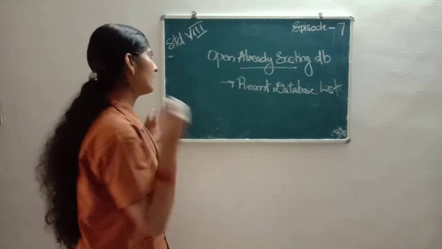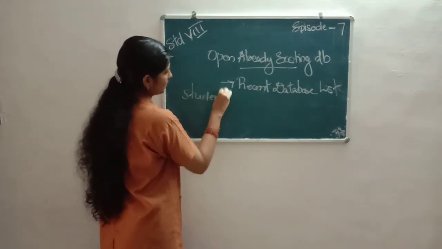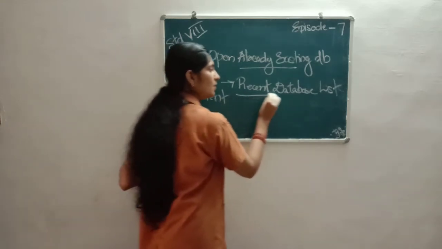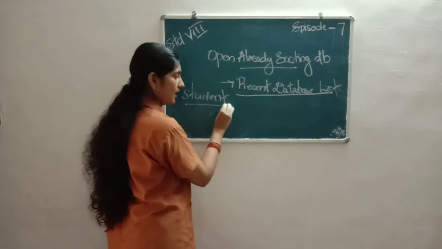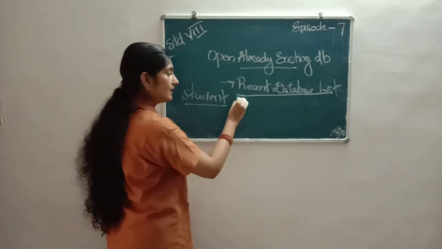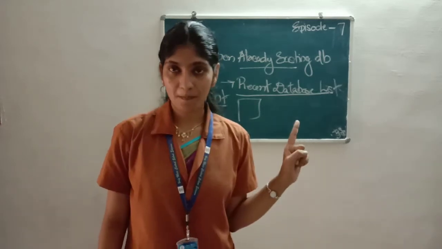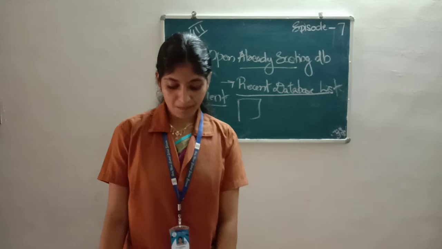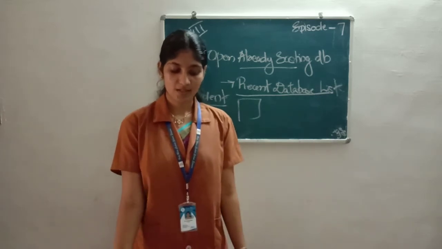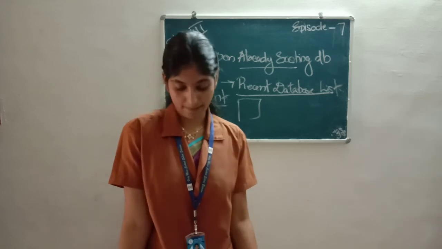For example, if the database name is student, go to the recent database list and search the name student. Finally, the database will appear there. The selected database and objects will be loaded in the memory.